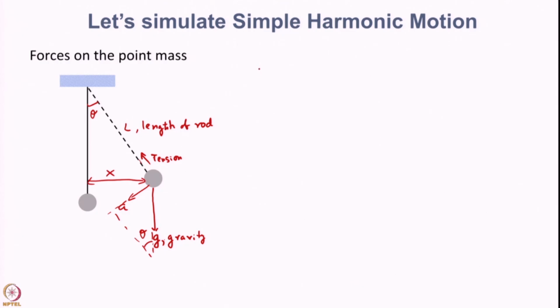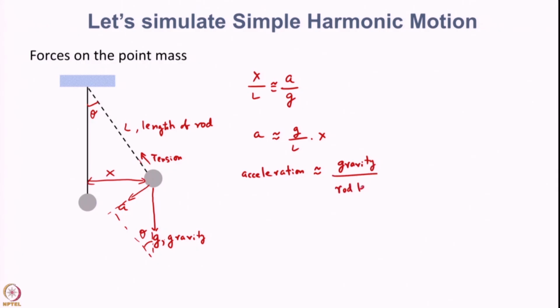So, basic trigonometry can help us show that x by L will be approximately equal to A by G, or A is approximately equal to G by L into x, that is, acceleration is equal to gravity divided by the rod length multiplied by the displacement.